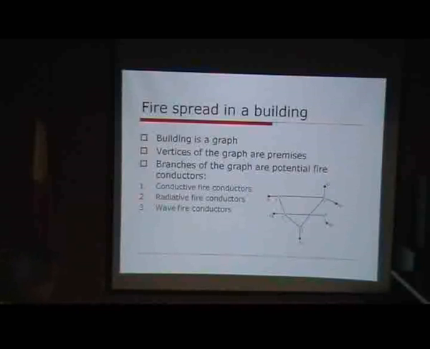In this case, we consider a building as a graph, and the branches of the graph are potential fire conductors. We consider three kinds of fire conductors: conductive fire conductors, for example, walls in the building between premises, radiative fire conductors, and convective fire conductors.